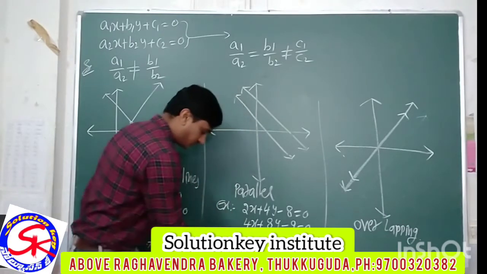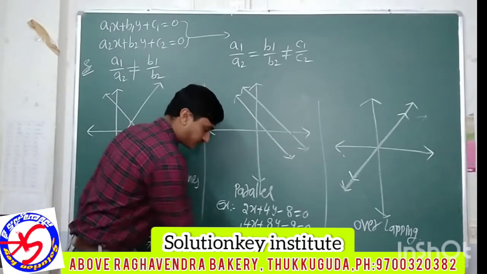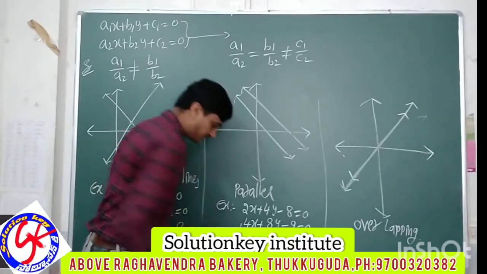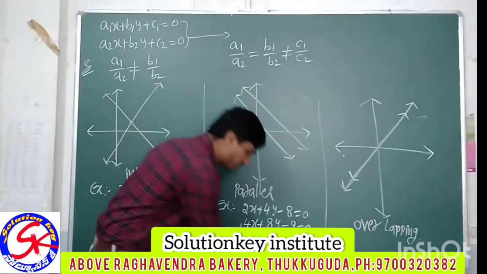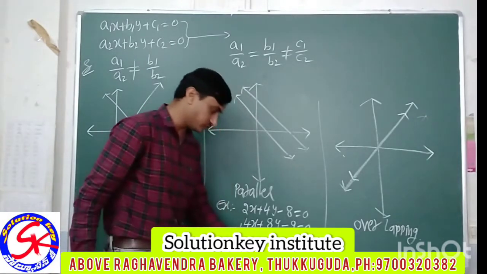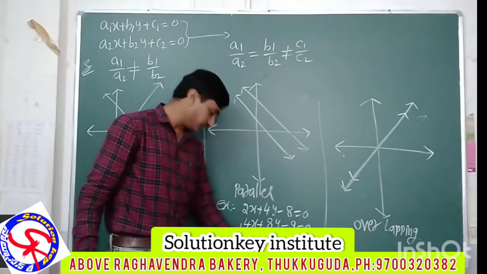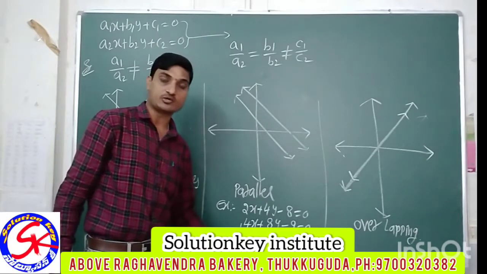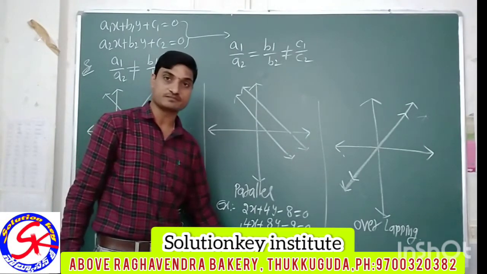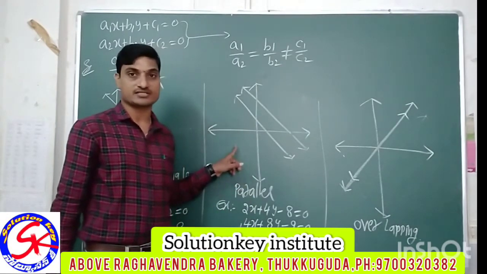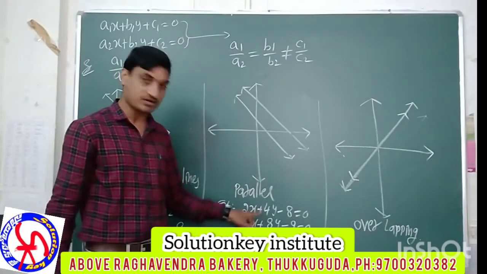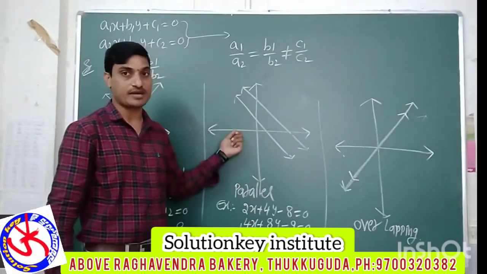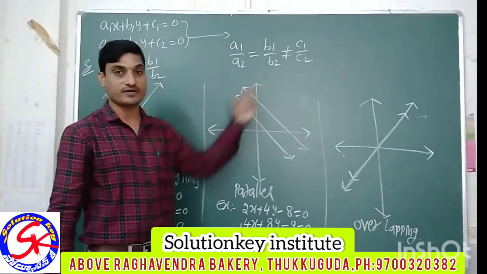Two ones are two, two twos are four. So 1 by 2 is equal to 1 by 2, but 1 by 2 is not equal to 8 by 9. That's the reason these two ratios are equal, so these two lines give parallel lines. This is the condition for parallel lines.